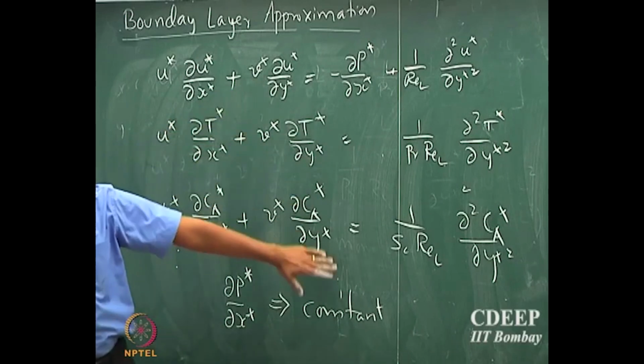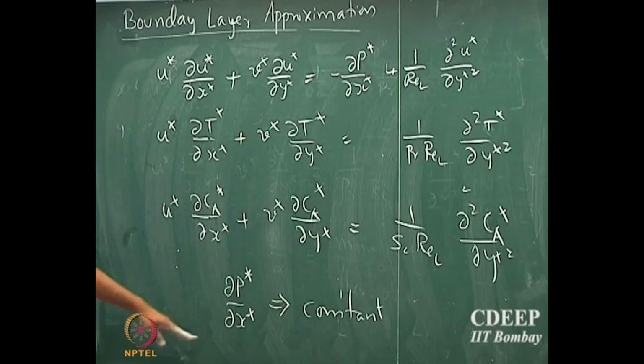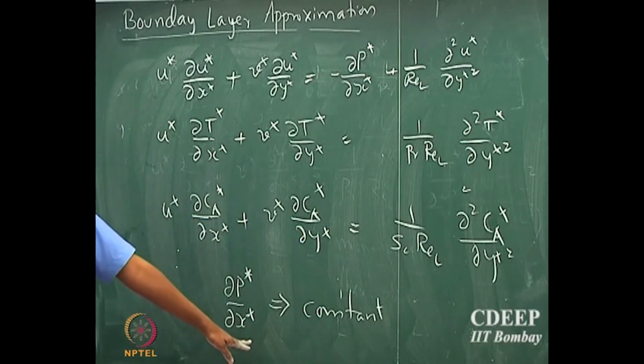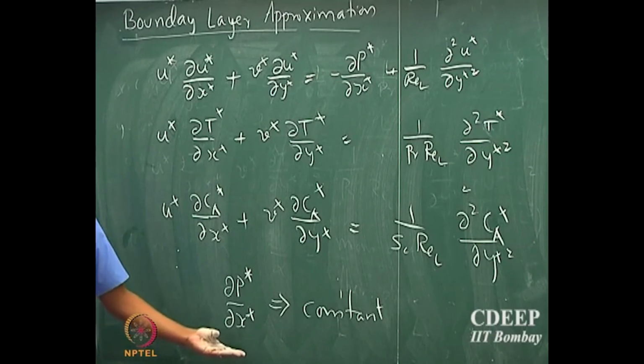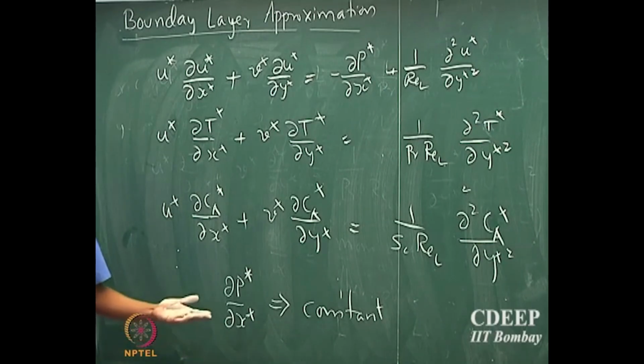Then these three equations are similar modulo a constant which is dp by dx. So it's fair to assume in reality that the pressure gradient is known because I have a pump which is flowing the fluid. So it's a measurable property. So if I know what the pressure gradient is, I am done.